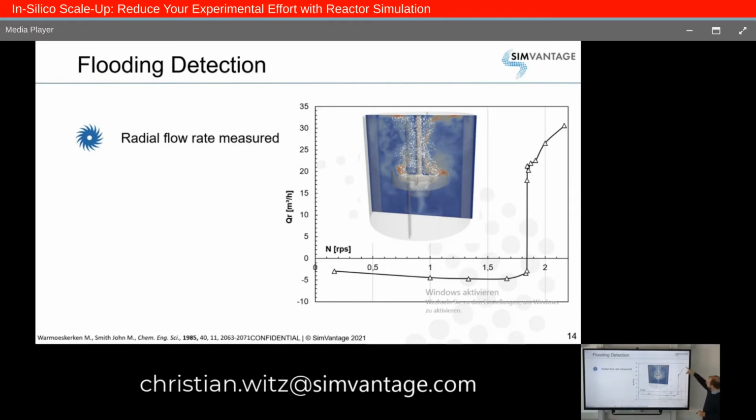And this is what we see here. Here the stirrer is not flooded in the higher RPM range on the right of this diagram. And if you go lower with the rotational rate, then you see that at some transition point, which you can then detect, the sign switches of this flow rate, and then you are flooded in this regime, which is shown on the bottom side of this diagram.